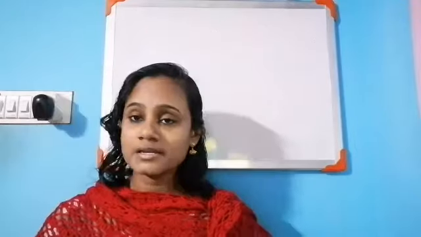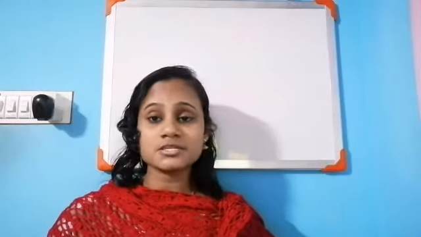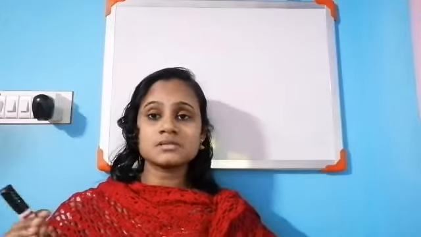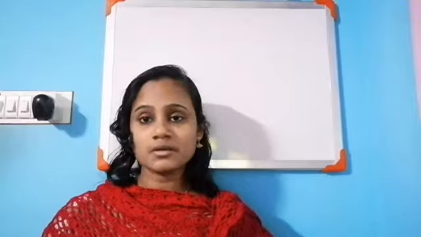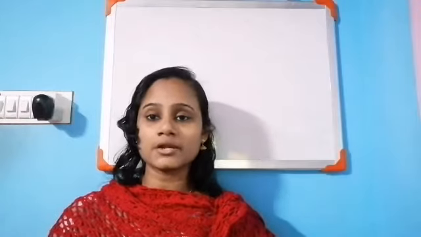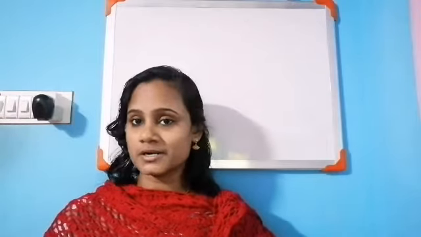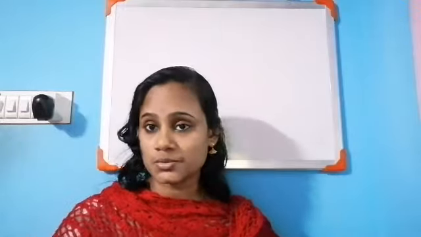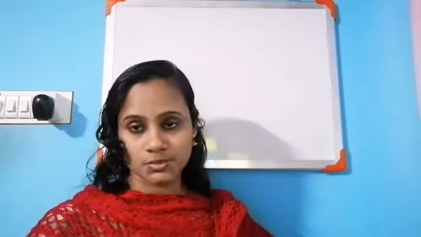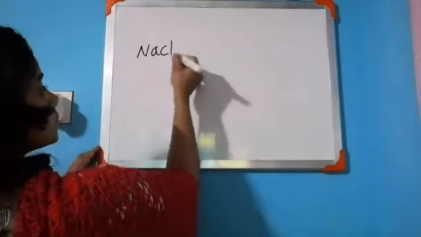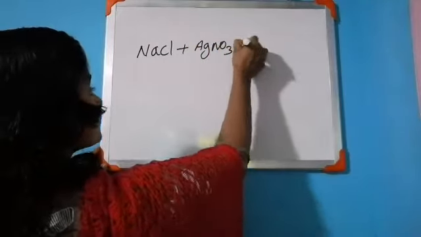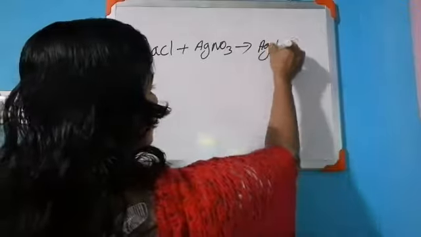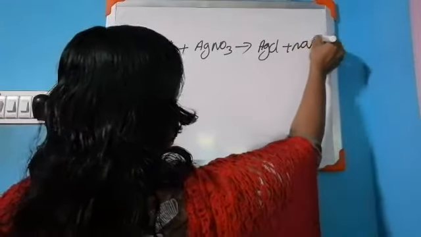In some cases, chemical reactions occur when some substances are combined or mixed in the form of solution. Two solutions are combined to form a mixture, and a new product is formed. For example, sodium chloride solution is mixed with silver nitrate solution to form silver chloride and sodium nitrate.